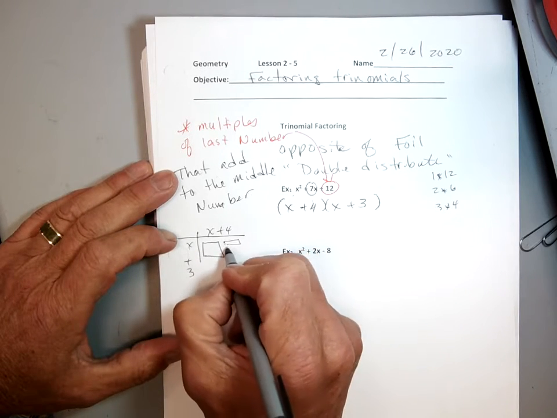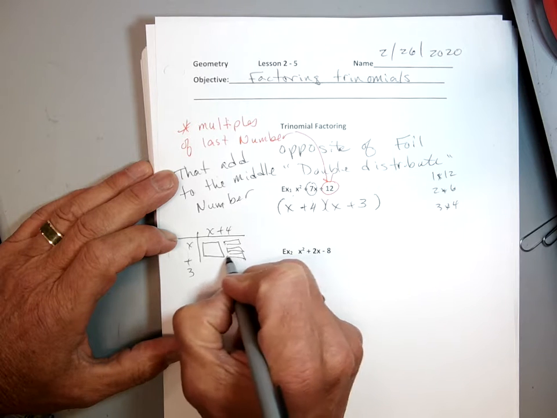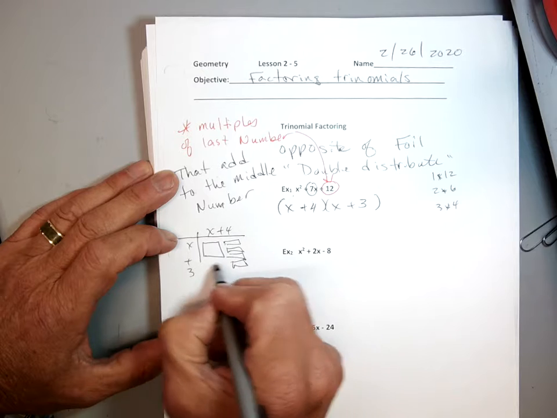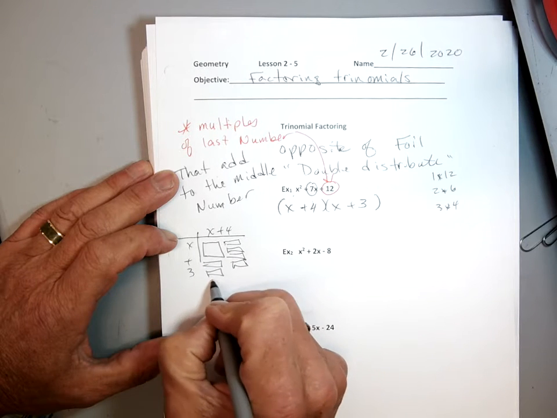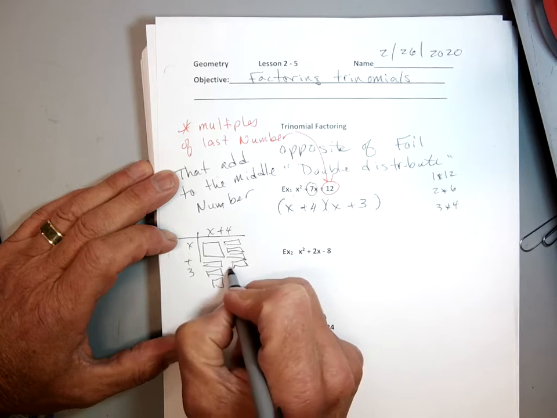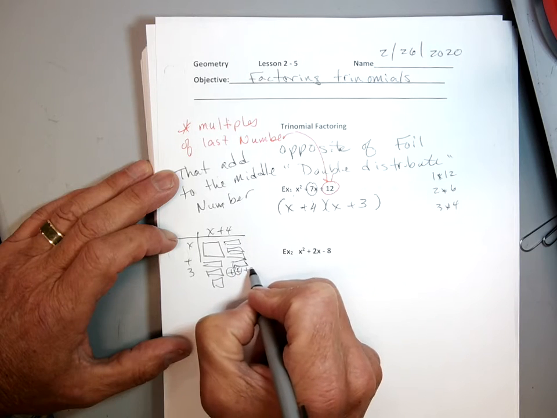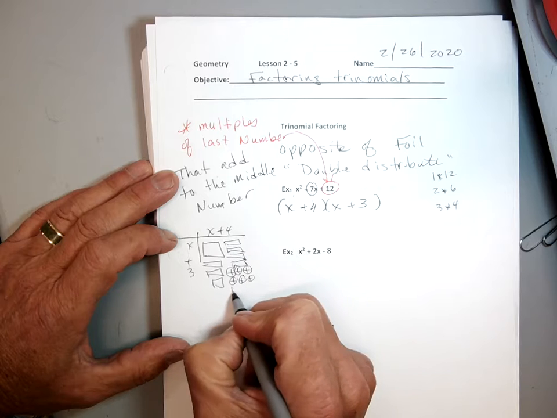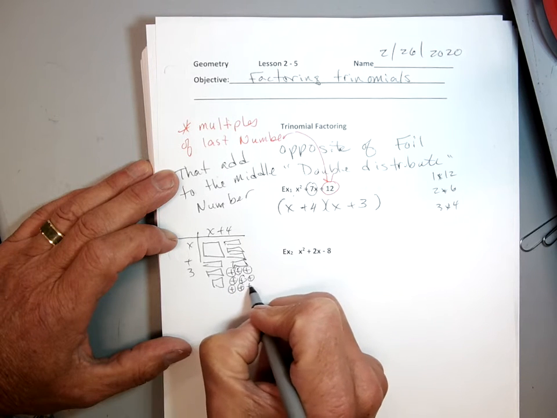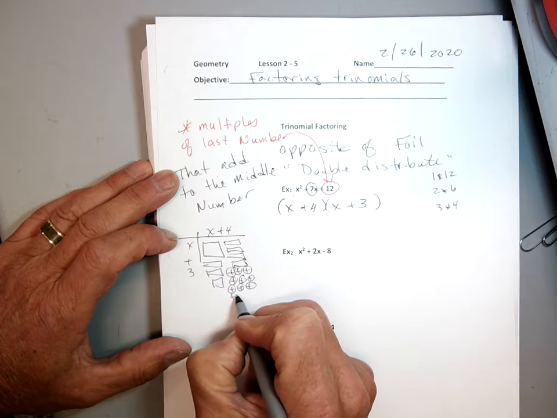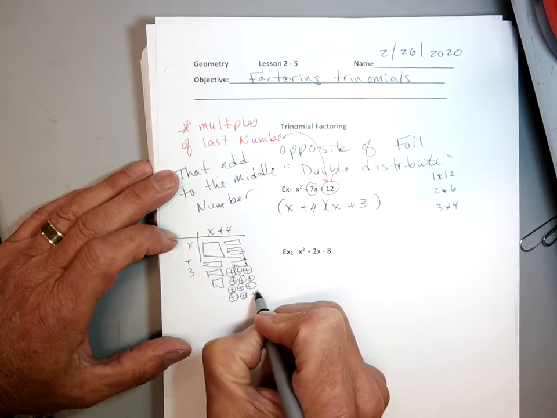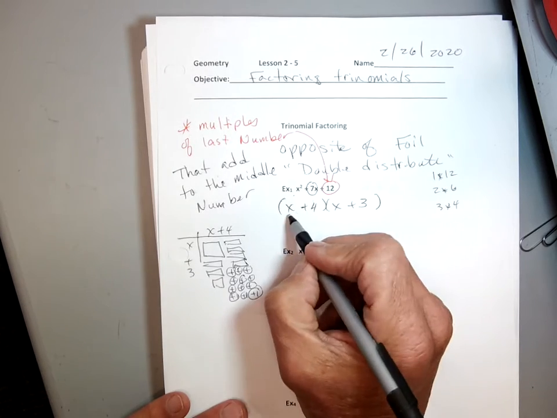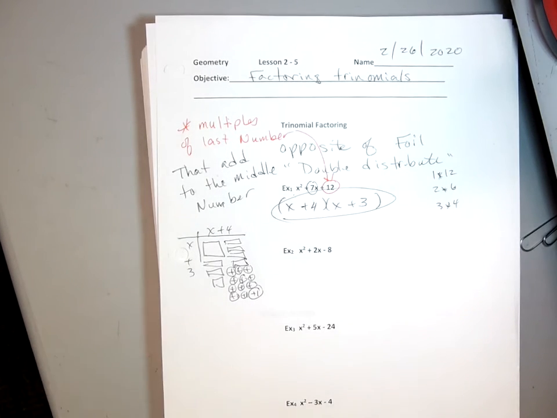We'd have 1, 2, 3, and then 4, and all these squares up to 12. We're not going to do it this way. This really does represent x squared plus 7x plus 12.